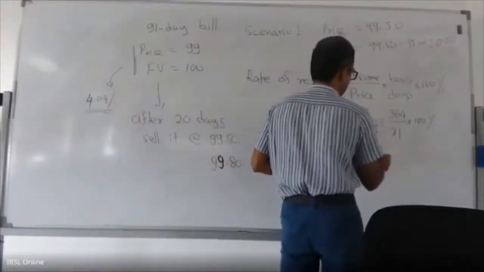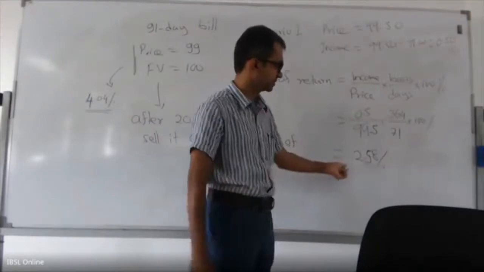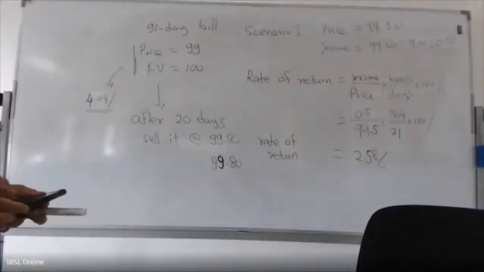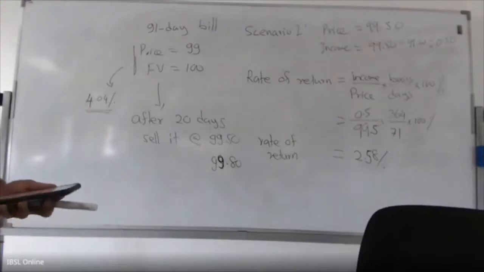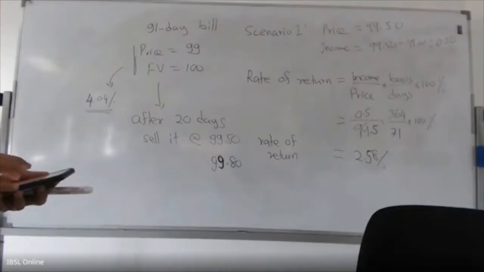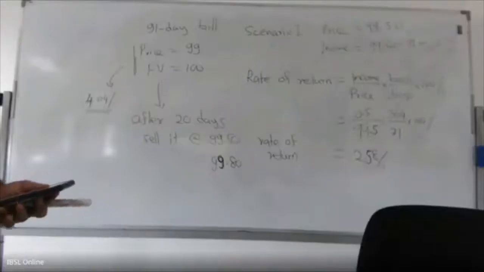Yes, but I think this answer is based on that. Let me check it. 0.5 divided by 99 is 2.576. That means 2.58.